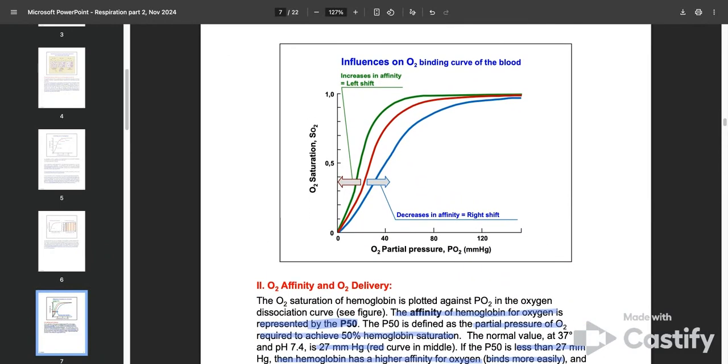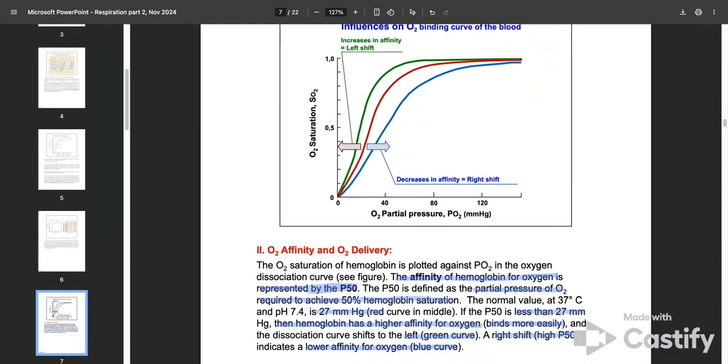Influences on oxygen binding curve of the blood. Okay, we've already talked about this. The affinity of hemoglobin for oxygen is represented by the P50. P50 is defined as the partial pressure of oxygen required to achieve 50% hemoglobin saturation. Normally, it's 27, at 37 degrees Celsius and normal pH. If the P50 is less than 27, then it has a higher affinity, and that is the green curve we can see.